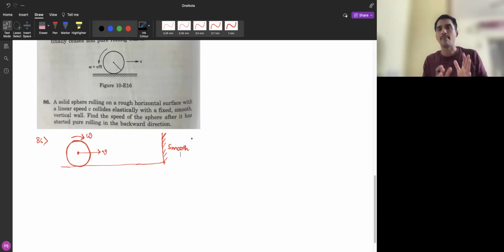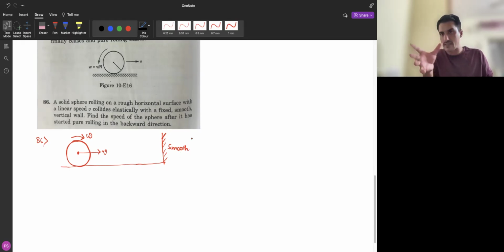See, what happens if it hits that wall after some time? After coming and hitting that wall, how does it move immediately after the collision? If we observe it, it is rolling in clockwise direction until it reaches the wall. Am I right or not?